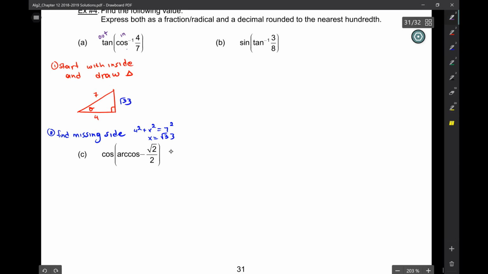Okay, so now the third step is evaluate the outside function. What's the outside function telling me? It's tangent of theta. So what's tangent of theta here? Root 33 over 4. Opposite over adjacent.